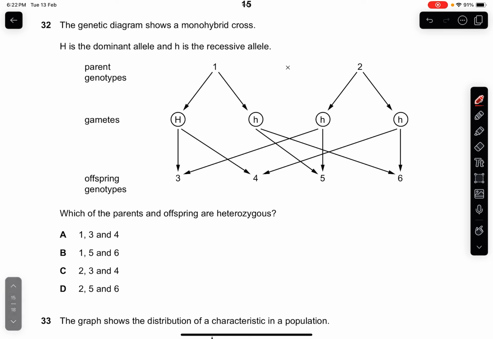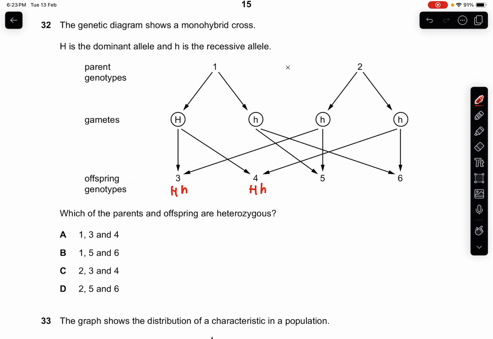Question 32. The genetic diagram shows a monohybrid cross. H is the dominant allele and lowercase h is the recessive allele. Which of the parents and offspring are heterozygous? Let's pretty much have a cross with all of these. The first one, there's a big H, and then if you can see, another arrow is this one, and for the second one, this also forms the H. This is forming the small h.